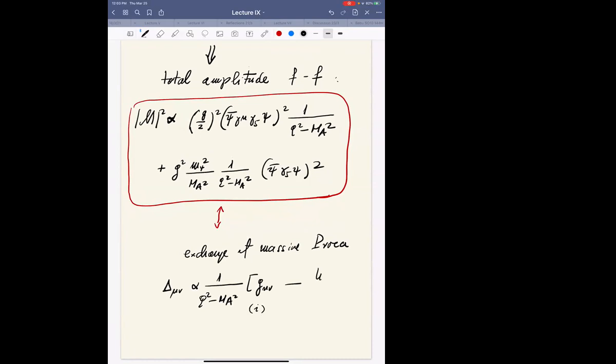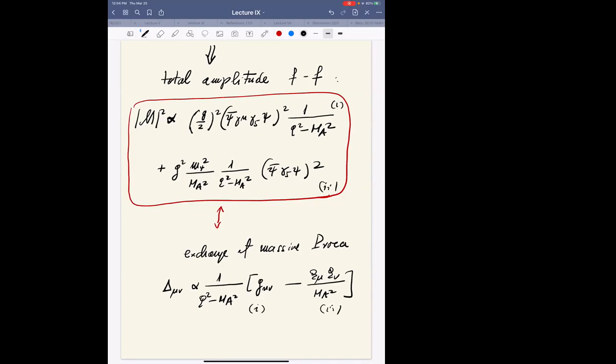And then there will be q nu. I can write this more neatly. Using the Dirac equation, the second piece will give me the second piece here. So the first piece will be the first one, and there will be the piece 2, obviously. The first one is manifestly axial current times axial current, because that's the exchange of a gauge boson.